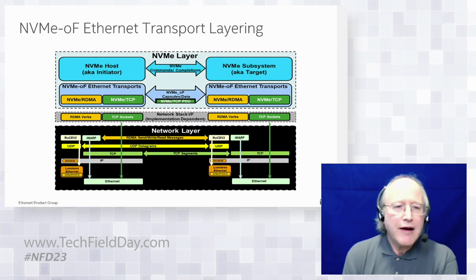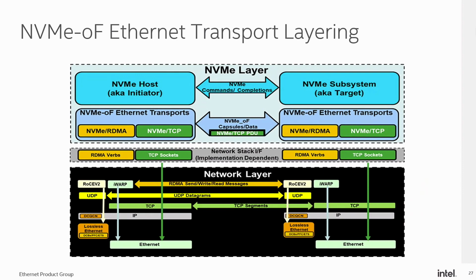Okay, so this is a pictorial view of what the NVMe layering is. The top blue one is common to all NVMe, whether it's any transport, PCI or fabrics, so what you have is a host side and a target side, or subsystem side, where the subsystem side is providing the NVM. As it goes down into the Ethernet transports, there's something we call capsules, which is essentially an encapsulation of the NVMe commands and completions, and how those are mapped onto multiple queues.